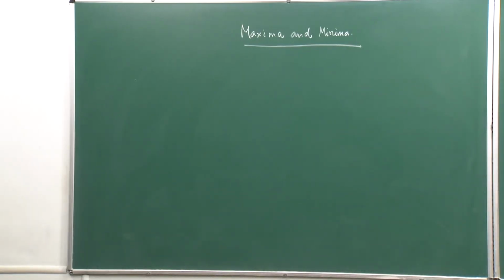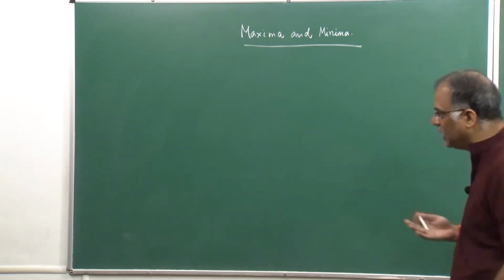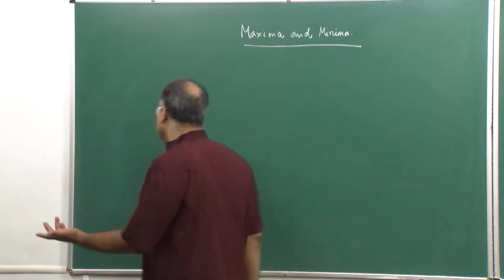So, I have already told you what is the maximum value of a function and minimum value of a function. I can repeat the same thing once again just to recall.